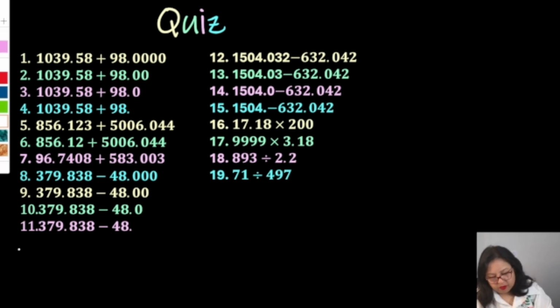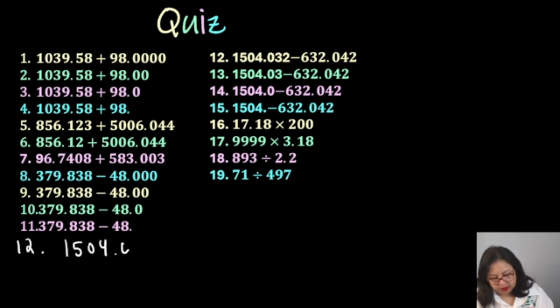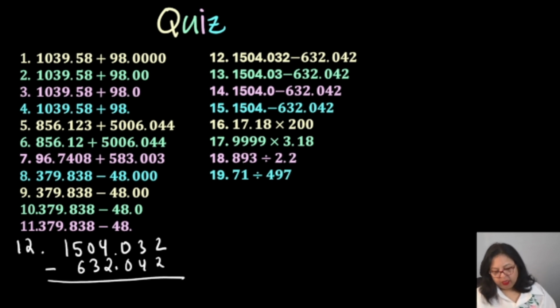Alright, number 12. Number 12 is 1504.032 minus 632.042. Now in this case, both of these numbers are to 3 decimal places, therefore the final answer will not need to be changed.